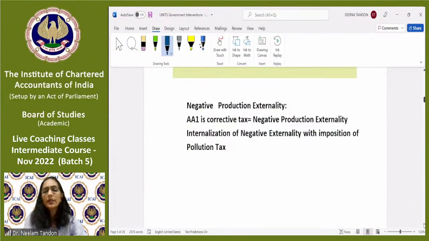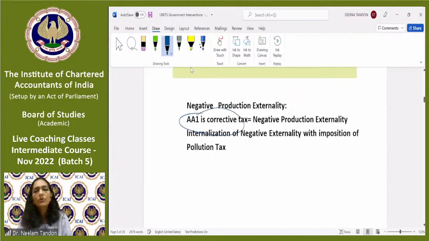Negative production externality is clear. What leads to negative production externalities? The social cost goes up because your cost of production is less. That makes you produce surplus, which leads to production externalities. To overcome that, there's the concept of corrective taxes. So you go for corrective taxes, and then you overcome negative production externalities.